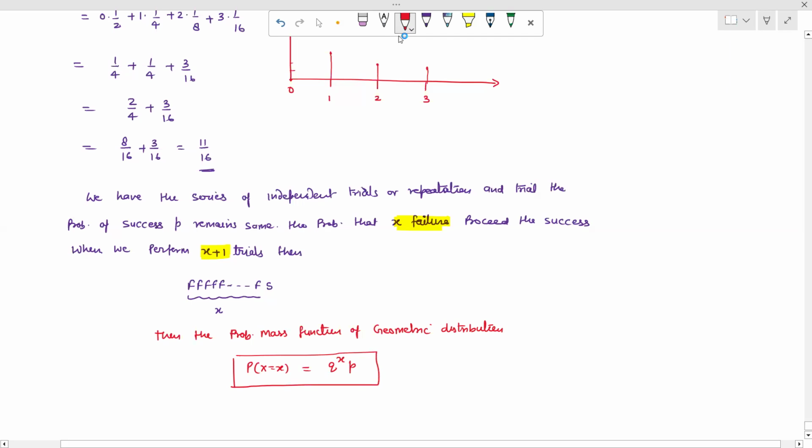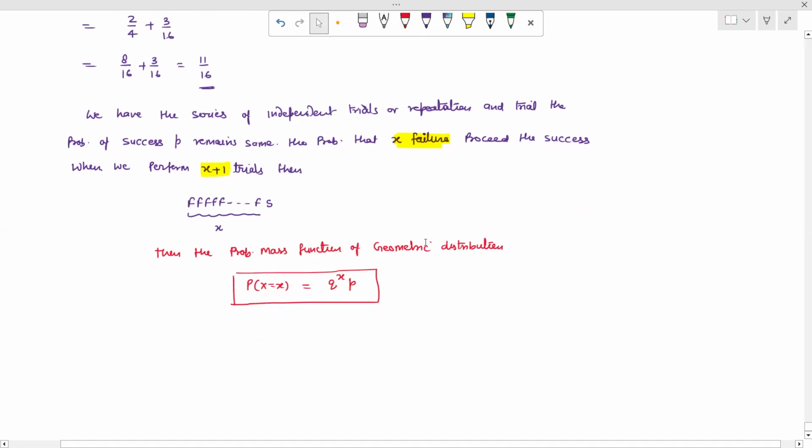So x times failure, then we get the success in x plus 1 trials. So x times we get the failure, then we get the success. This is our probability mass function of a geometric distribution.